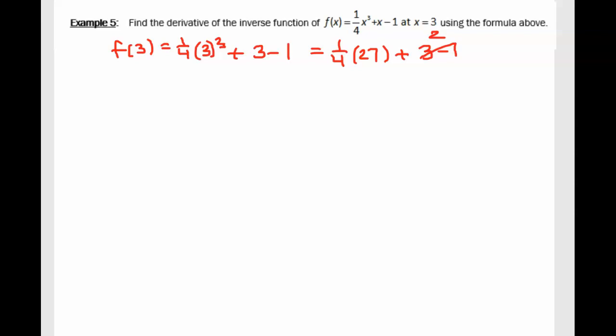So we can add those two values together and get down to a simple fraction of 35 fourths.